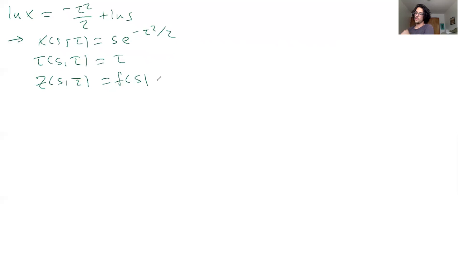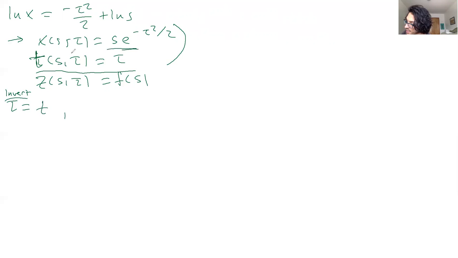Cool. So what do we need to do? We need to take these parameterizations of t and x, and we need to invert them, okay? So this is easy to invert, right? We just get that tau is equal to t, okay?